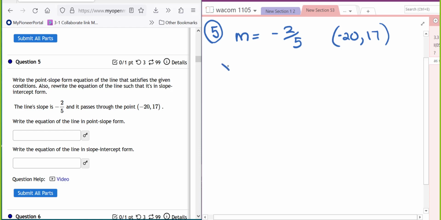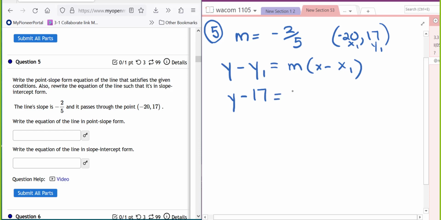Go ahead and write your formula. Y minus y1 equals m times x minus x1. And you will plug in to the one with the subscripts. This is your point x1, y1. So we have y minus 17 equals m -2/5 times x.